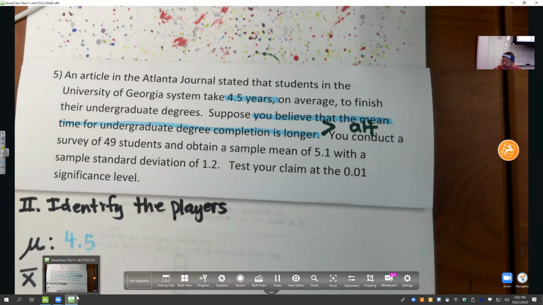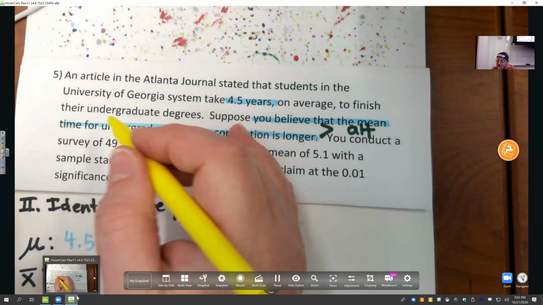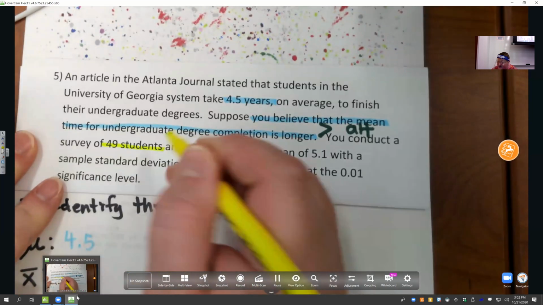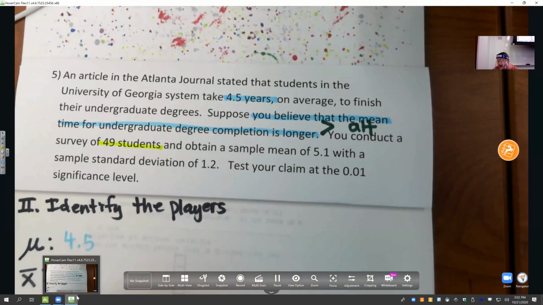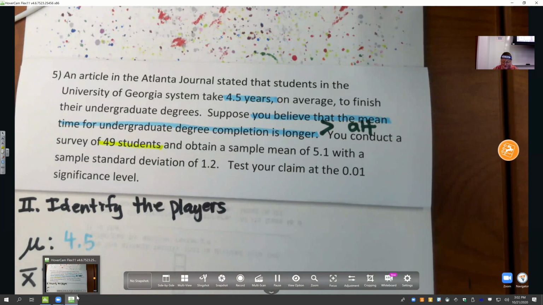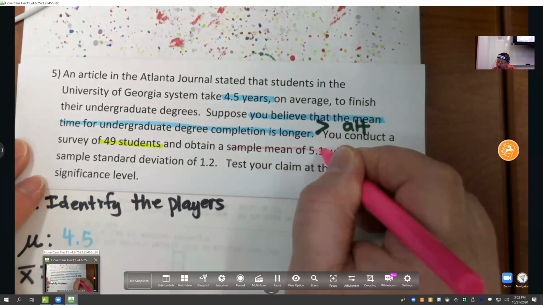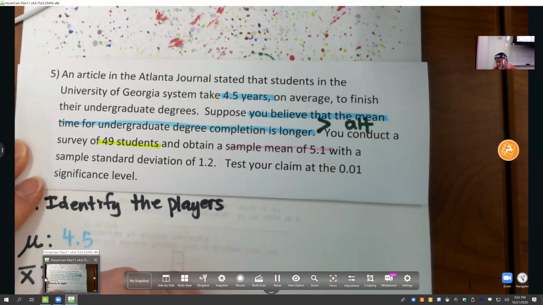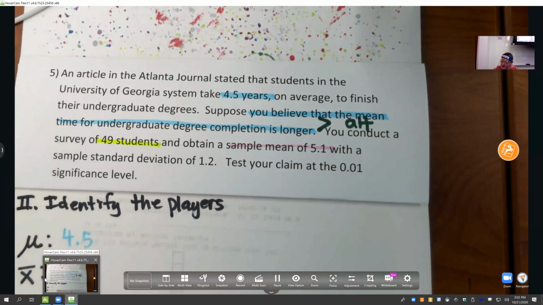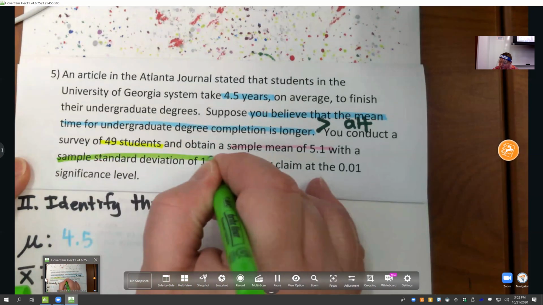If I start reading, it says you conduct a survey of 49 students. So my sample size is 49. And obtain a sample mean of 5.1 with a sample standard deviation of 1.2.